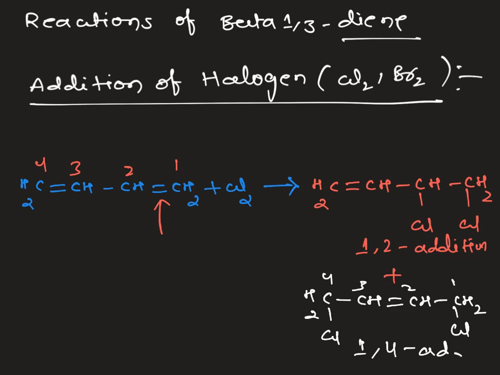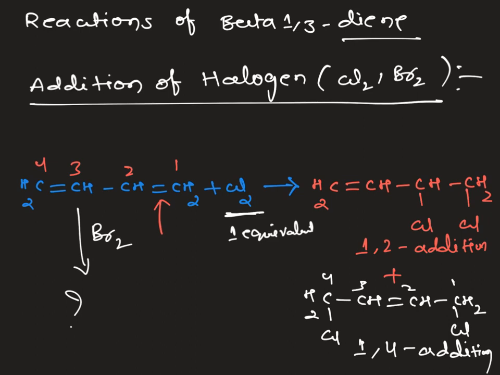It is the 1,4 addition product. Similarly, you can write the product which will form for bromine in this reaction. And in this reaction one thing is constant, that we have always used one equivalent of chlorine or bromine.